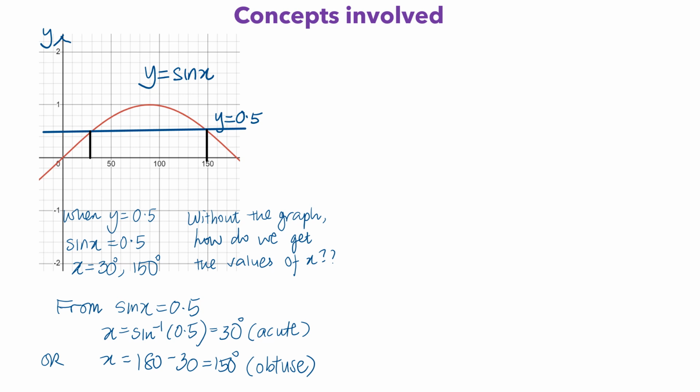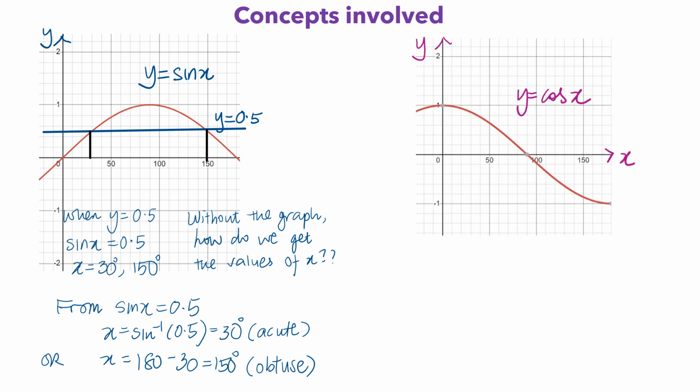So now let's look at cosine curve. Cosine curve behaves very differently. All right, so if you look at the cosine curve, if you draw the line y equals 0.5, you see that there is only one angle. There's only one angle that will give you ratio 0.5. Yes, and that is 60 degrees.